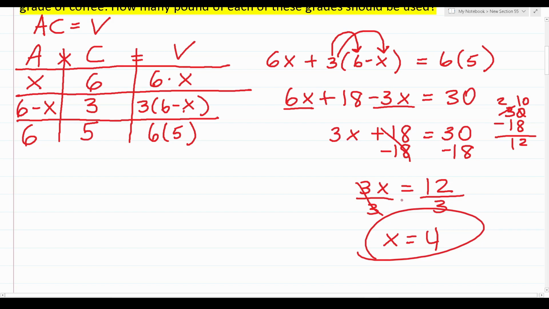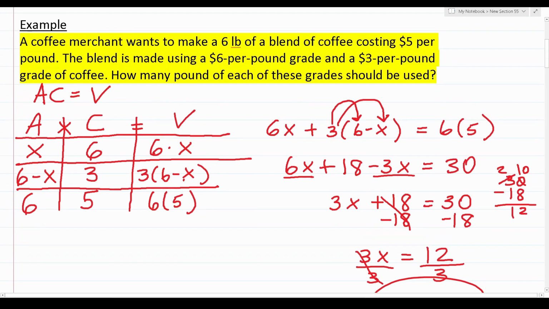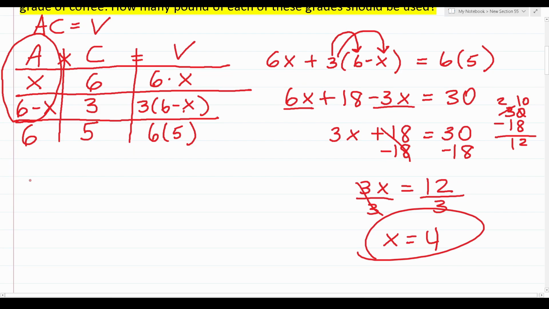Again, this question wanted us to figure out how many pounds of each grade of coffee should be used. Well, pounds refers to amount, and we already figured that out over here. Again, the $6 per pound coffee was X. So X equals 4. In other words, we're going to use 4 pounds of this $6 per pound coffee.